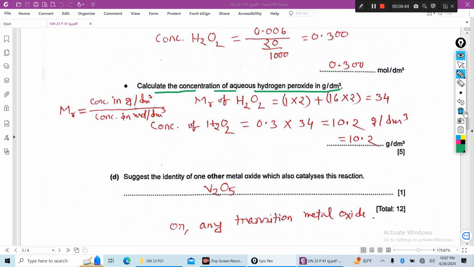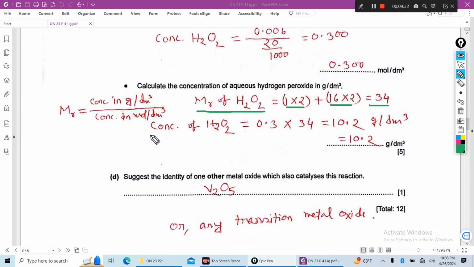So you know the formula: relative molecular mass Mr equals concentration in g per dm³ divided by concentration in mol per dm³. So by cross multiplication, concentration in g per dm³ equals concentration in mol per dm³ times relative molecular mass Mr. So Mr of H2O2: hydrogen 1 times 2 plus oxygen 16 times 2, 34.